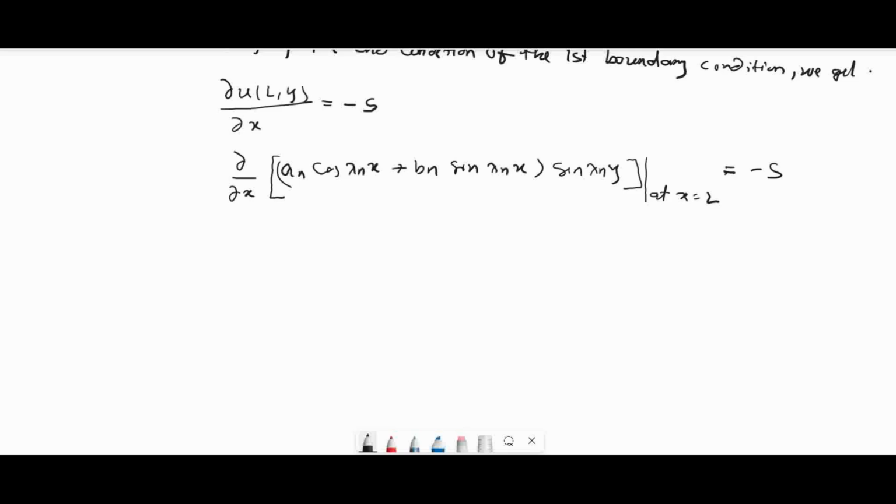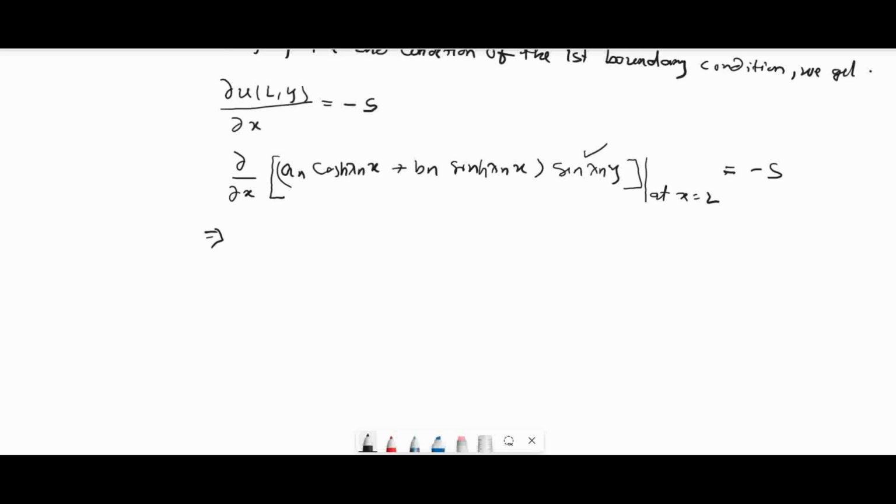Now, while partially differentiating a function with respect to one variable, the functions of the other variable are taken as constant. So sin lambda n y is a constant. So this will give us an lambda n, sorry, hyperbolic function here.